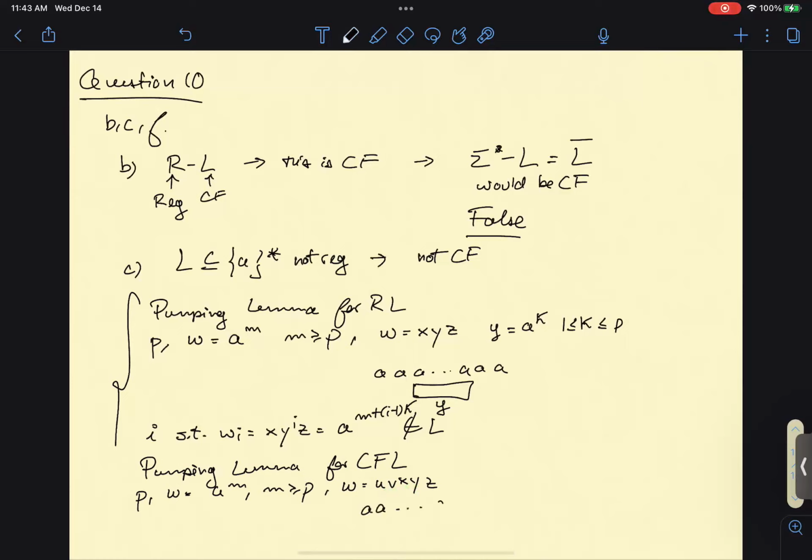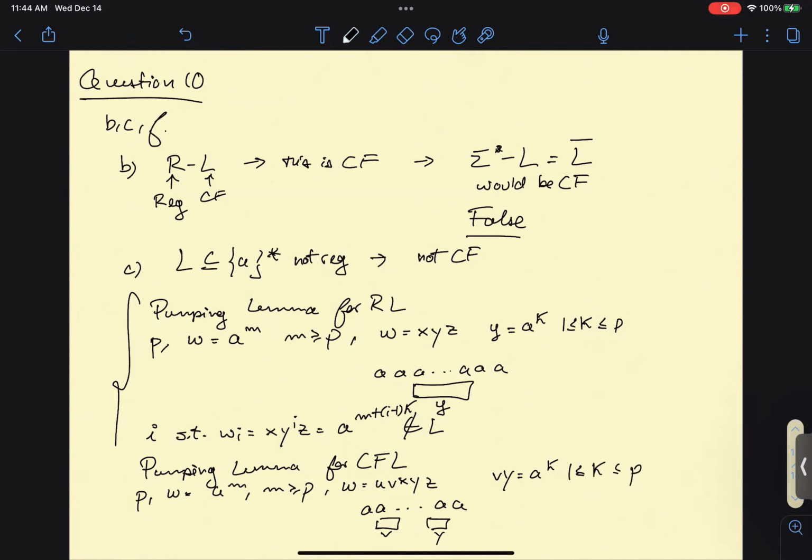There's not that much that's different. So I know that VY is going to equal some A to the K. K could be any integer, like the daemon in the pumping lemma for regular languages could pick any K. The same thing for context-free languages, it could pick any K. So suppose it picks some K. Then VY is A^K, and K is greater or equal to 1 and less than or equal to P.